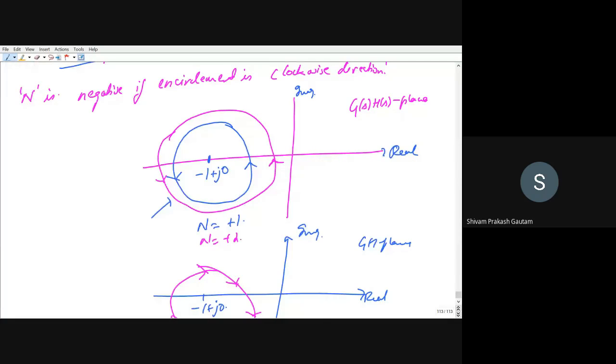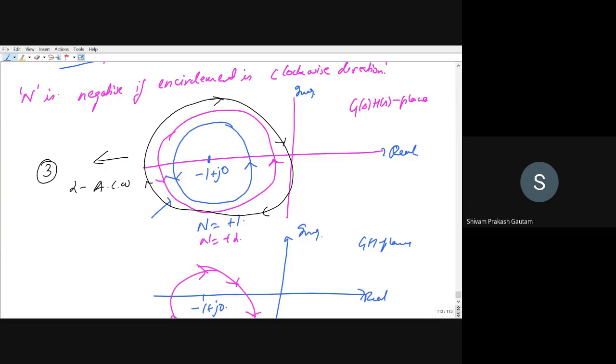There can be more encirclements as well. Suppose I am having one more encirclement of this point, but in this case, let us suppose this black encirclement is in the clockwise direction. You can see this is clockwise. So if you consider this plot, the total encirclement of this point is 3. Out of those 3, 2 are anti-clockwise and 1 encirclement is in the clockwise direction.